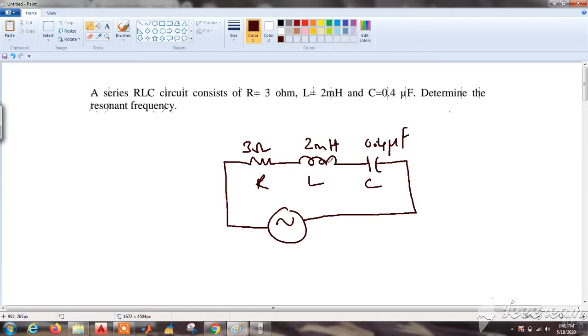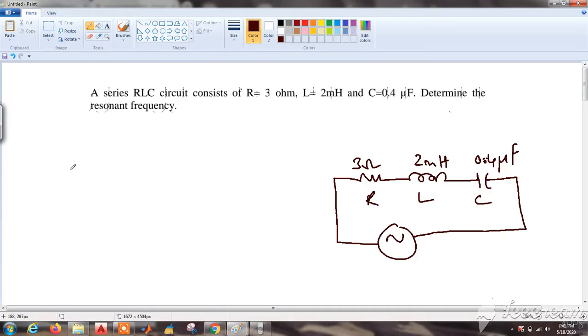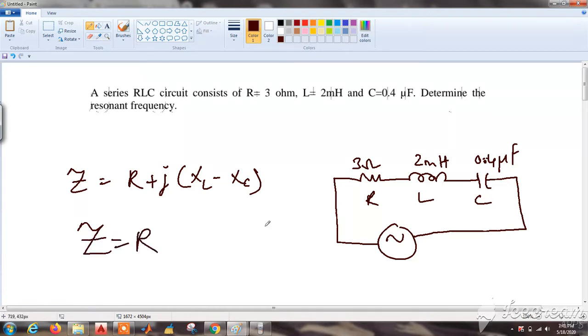So this is a series RLC network or circuit, and we know the impedance is what? Impedance is R plus j(XL minus XC), or R plus jXL minus jXC. And we know in the case of resonance, the circuit behaves resistive, so Z will be equal only to R at resonance.